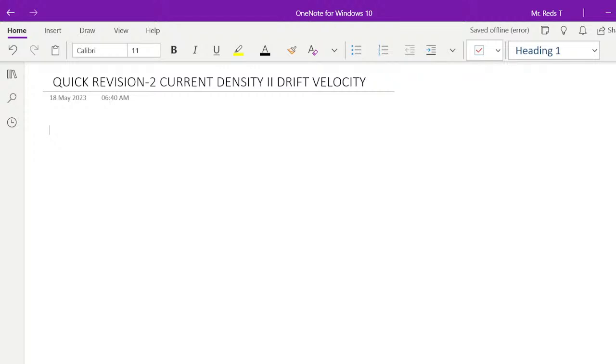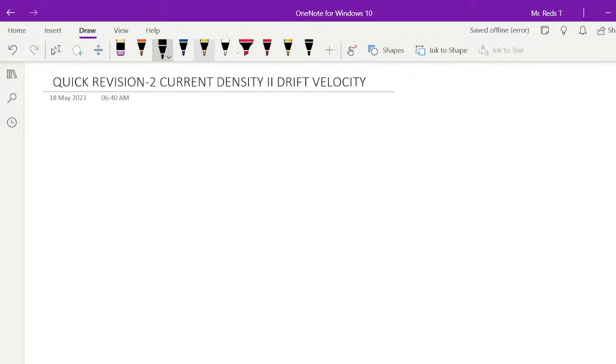What is current density and what is drift velocity? So current density can be defined as a vector whose magnitude is equal to current per unit area. Yes, note down.